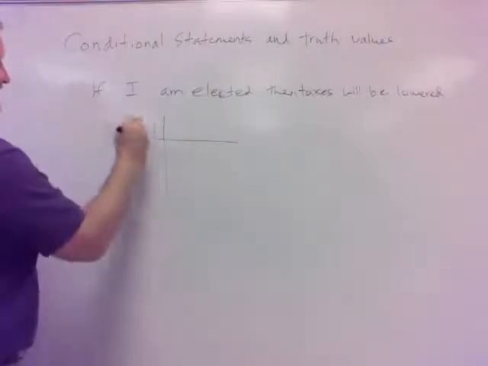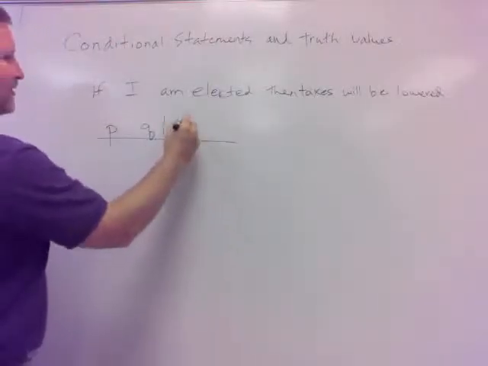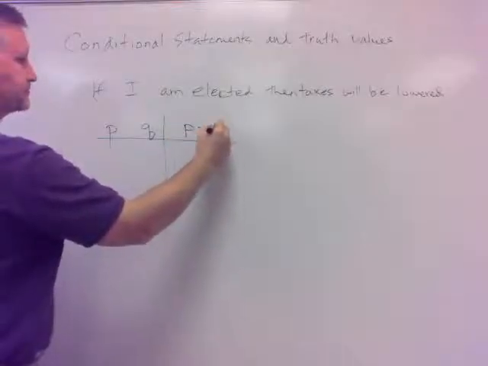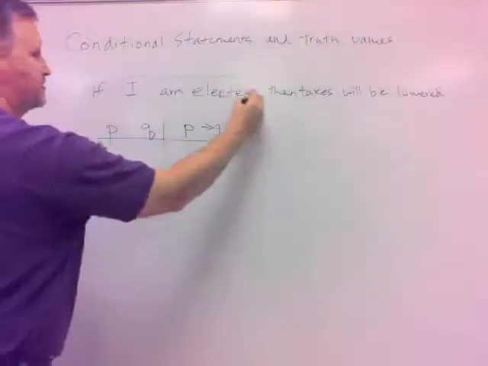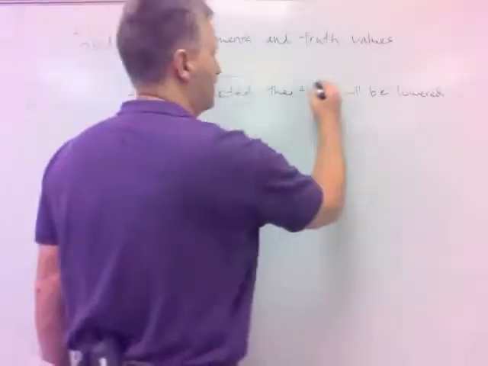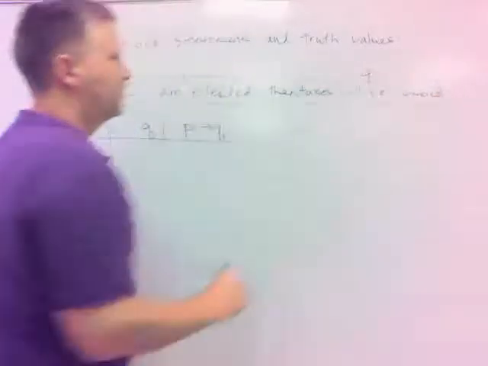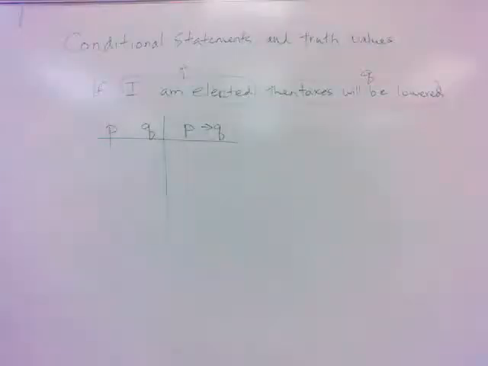All right, so what we want to look at then is, here's my P, here's my Q. We want to look at all the possibilities of the P's and Q's being true and false, right? Do a little truth table for that. Well, let's do it the way we've been doing it.